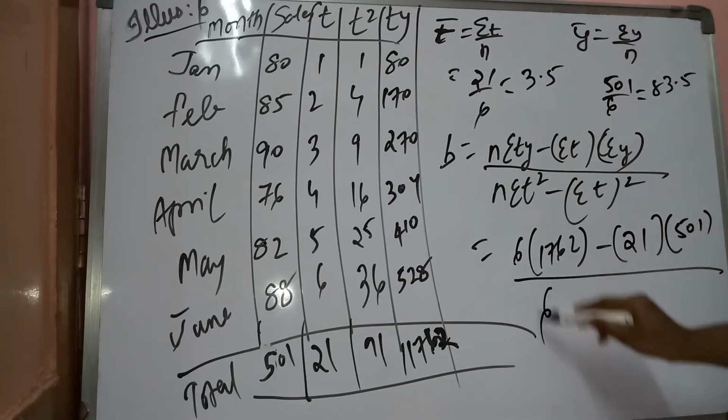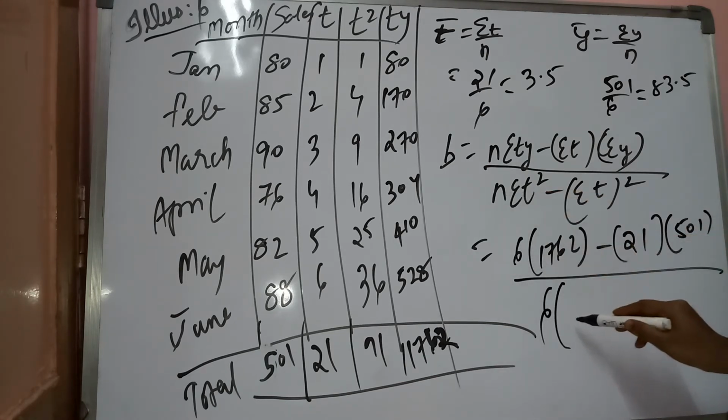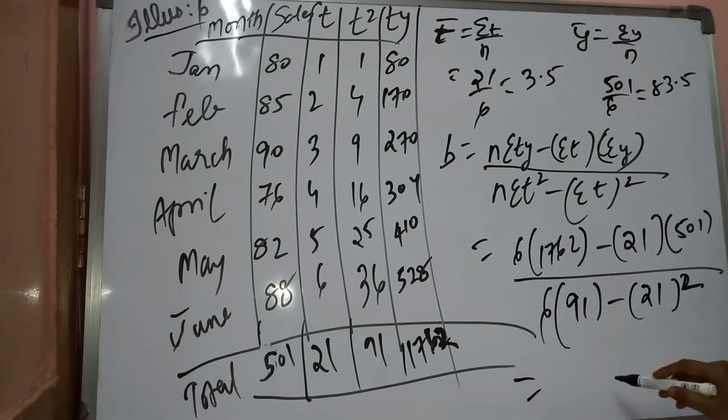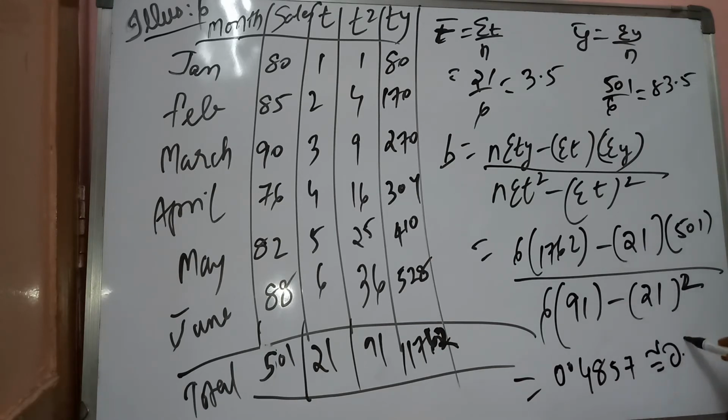Then 6 and then sigma T square is 91 minus sigma T the whole square, that is 21 the whole square. So just do it in your calculator. So the last final answer is 0.4857. Take the round, that is 0.49.